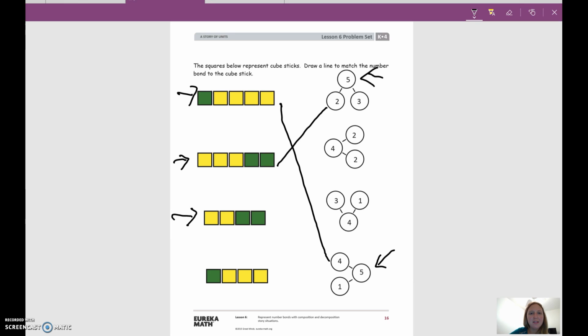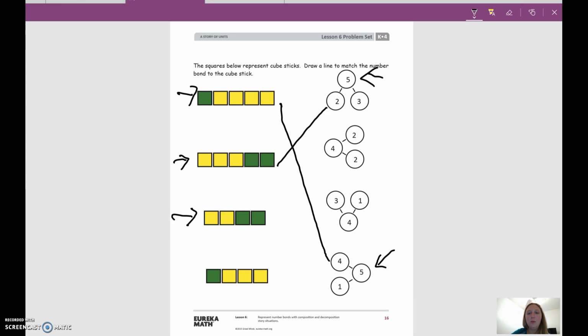All right, let's look at the last cube set. I see 4 cubes. 2 are yellow and 2 are green. Which one does that match? Well, this number bond has 4 in the hole, so it could be that one. This one has 4 in the hole, so it could be that one too.